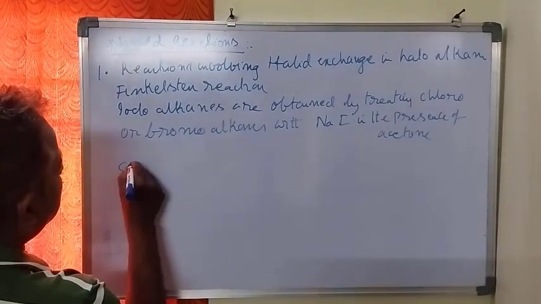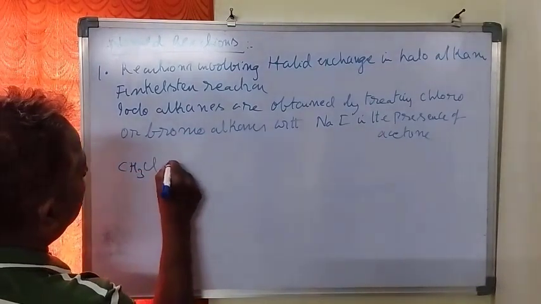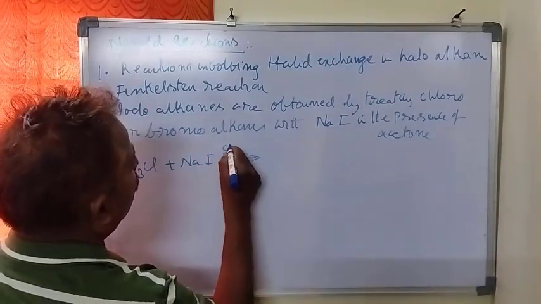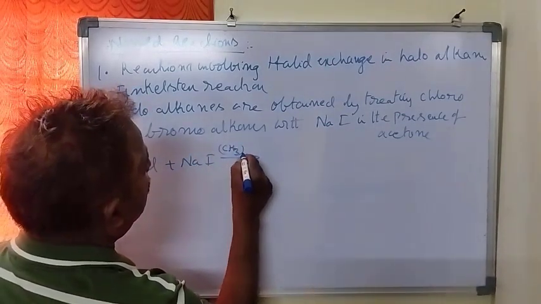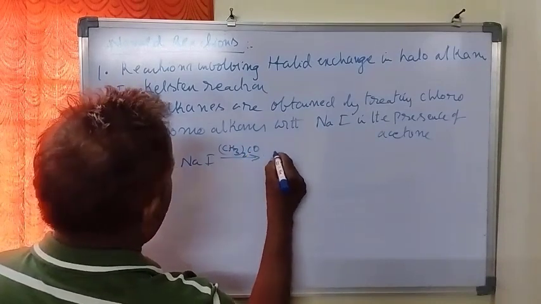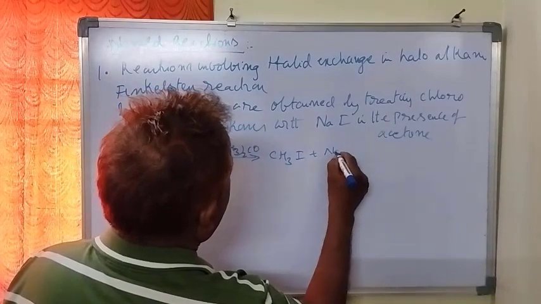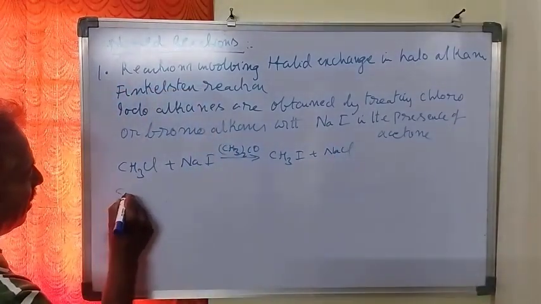So here, CH3Cl plus NaI in the presence of acetone. What is the formula of acetone? CH3 twice CO. Therefore we get CH3I plus NaCl.